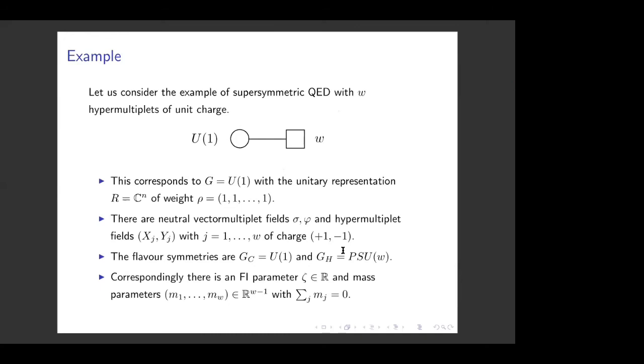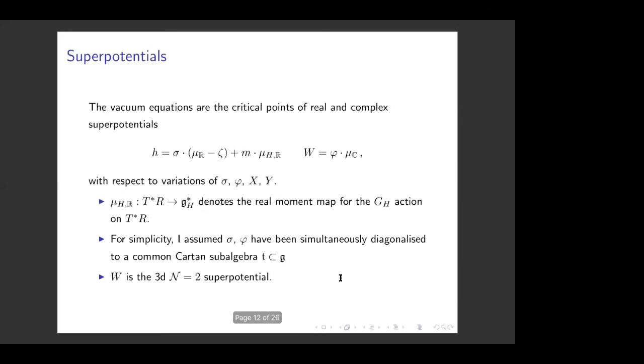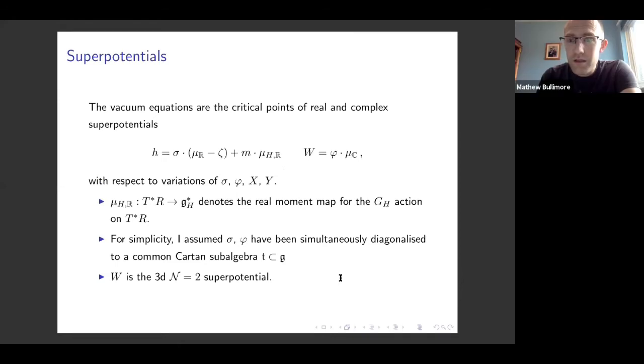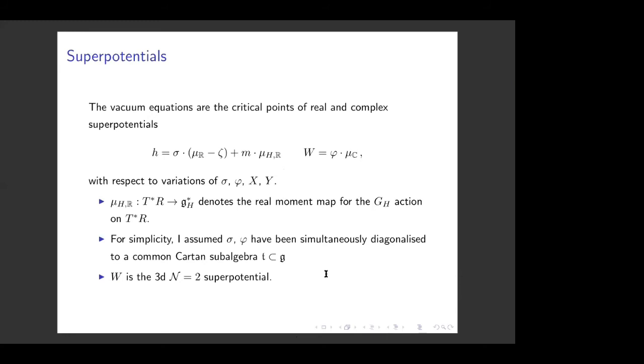There was one other question that was just posted. Aswin asks, is it possible to think of the pair H, W from a 3D N=4 point of view? Sorry, I missed the end of the question.